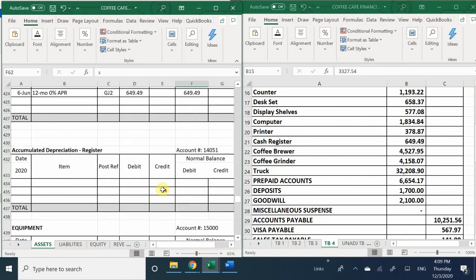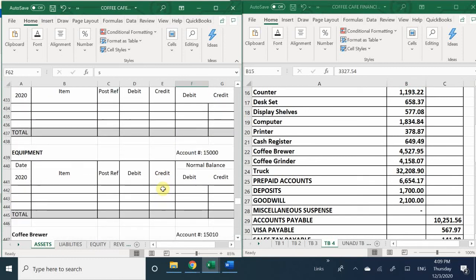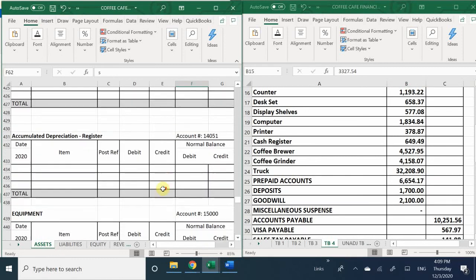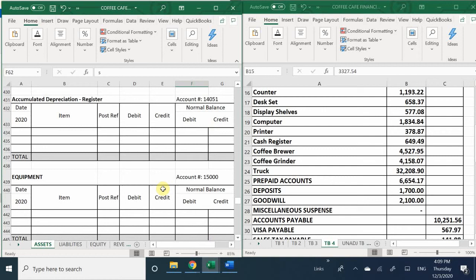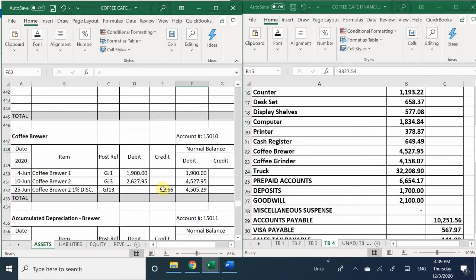Now the next question is: did our coffee brewers change? Yes, it did, because we had a discount on it. So coffee brewers, what's the amount now? $4,505.29. Okay.